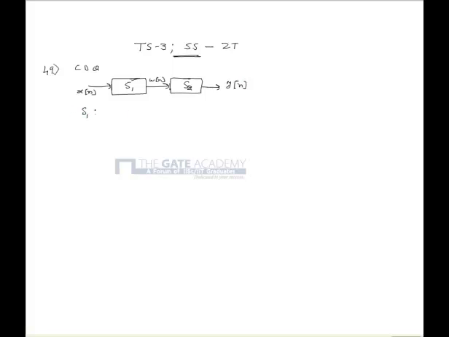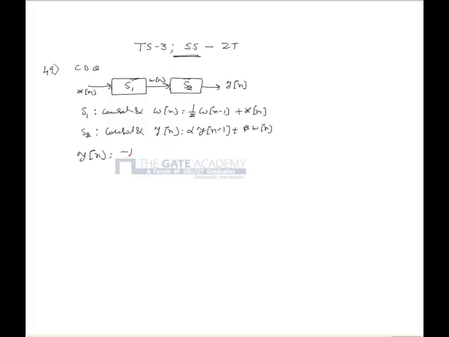It is given that the system S1 is causal and w of n is equal to half w of n minus 1 plus x of n, and system S2 is also causal and y of n is equal to alpha times y of n minus 1 plus beta times w of n, which is the LCCDE representing the system S2.